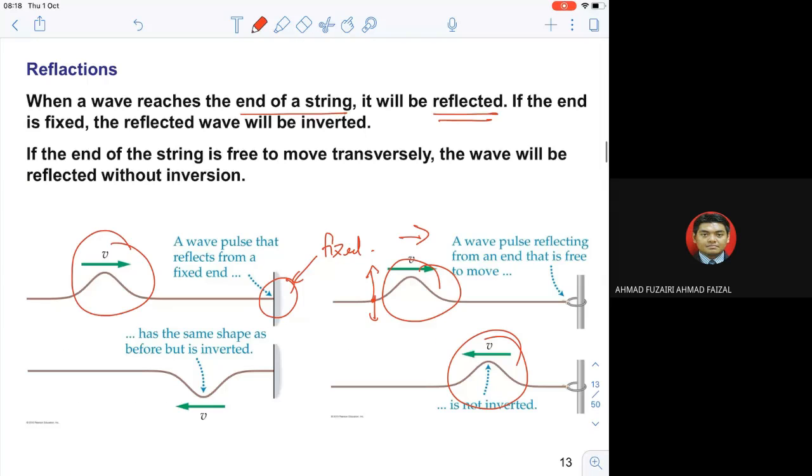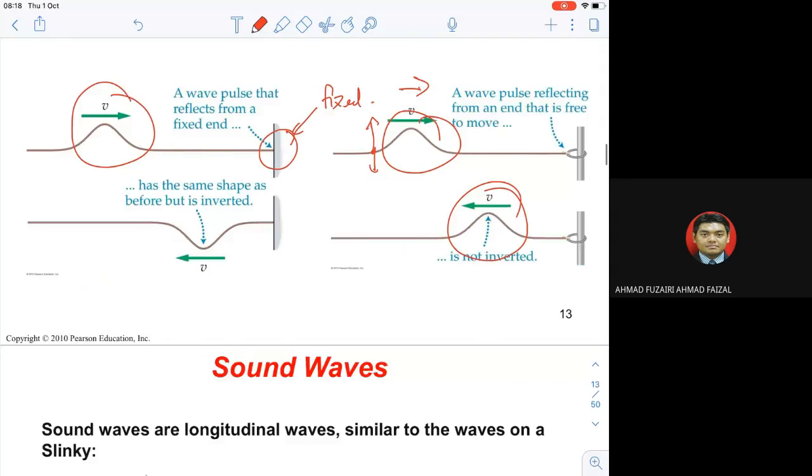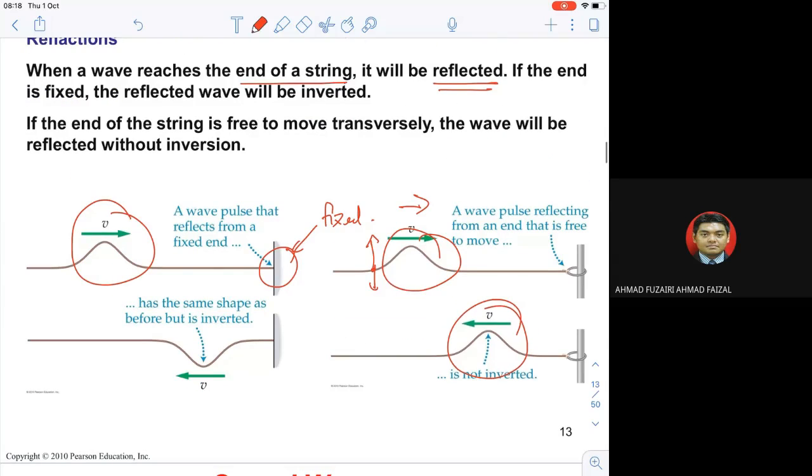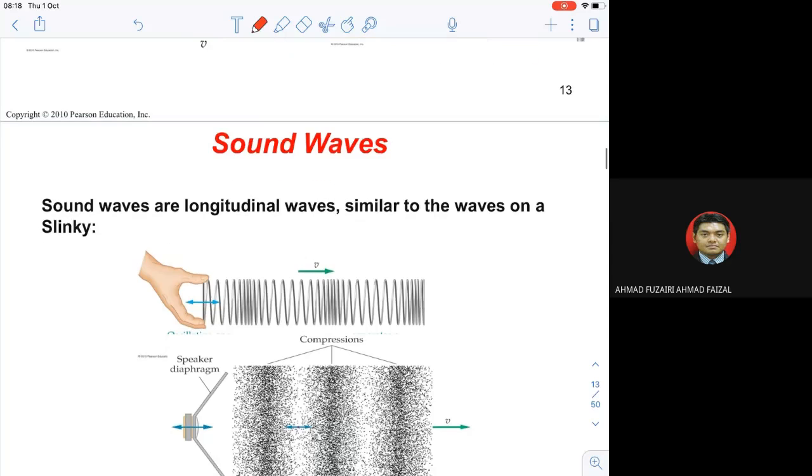We already did some questions, and also the reflections at the fixed end and at the loose end. Now the sound wave. The applications of sound wave will come afterwards.